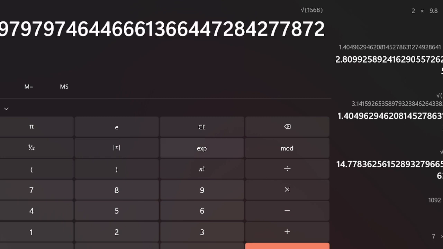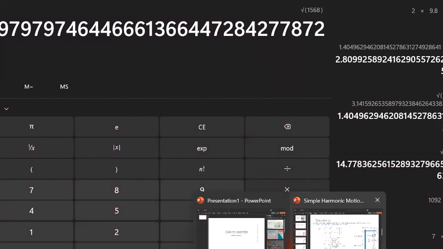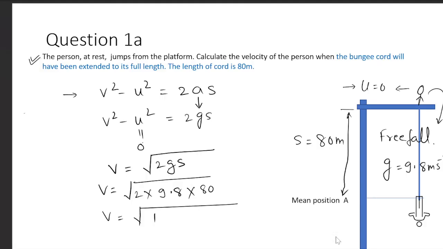We will get 39.59. So v is equal to 39.59 meter second power minus 1.